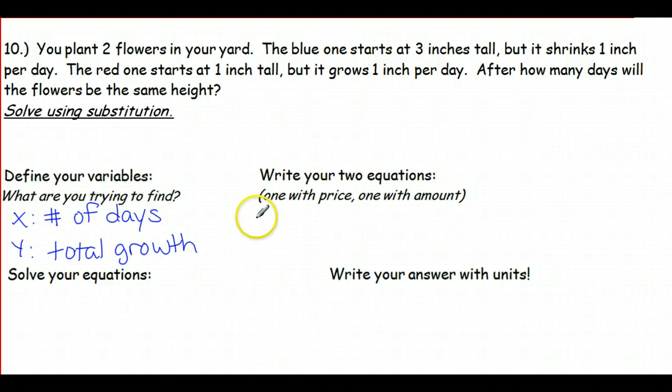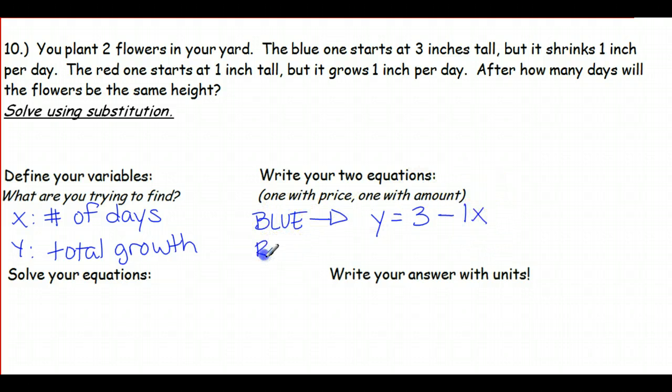So our blue plant, and I'm just going to go ahead and write that, our blue plant is total growth. If it starts at 3 inches, we're going to start with a 3, but it shrinks 1 inch, so we're subtracting 1 per day. So it subtracts 1 times the number of days.